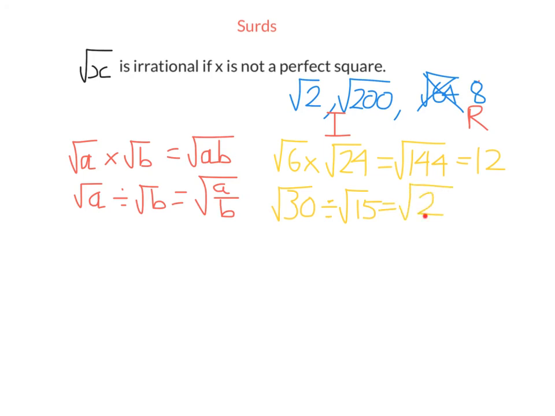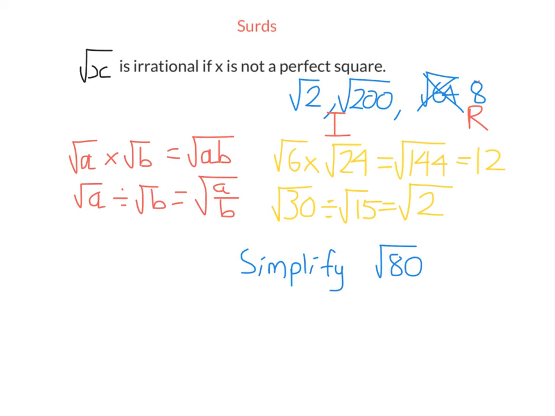I can't simplify the square root of 2 any further. The square root of 2 is irrational because 2 is not a perfect square. The square root of 144 was rational because 144 is a perfect square. It's 12 squared. So we can use these rules to simplify surds. Let's say we're just asked to simplify the square root of 80.